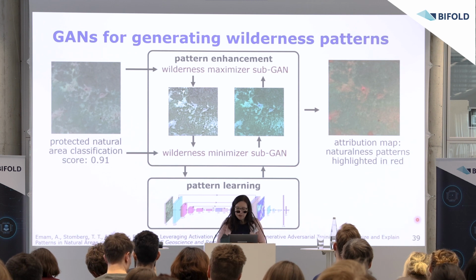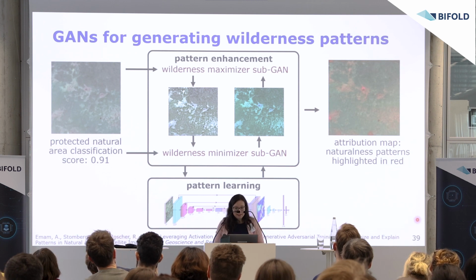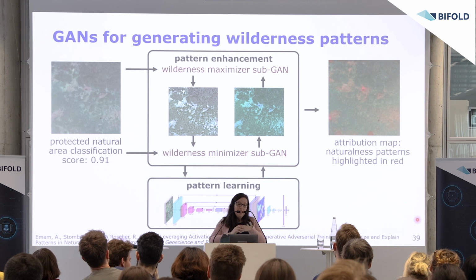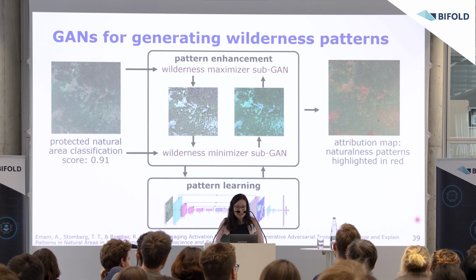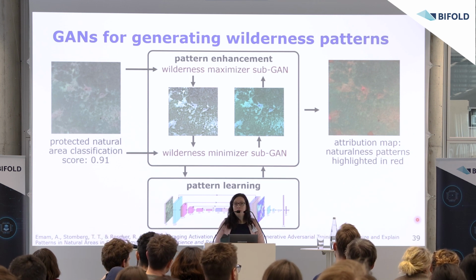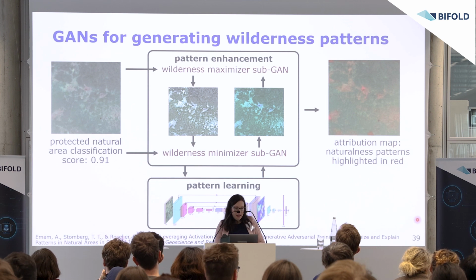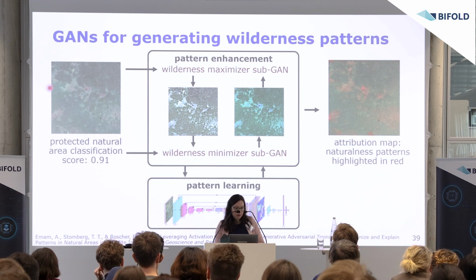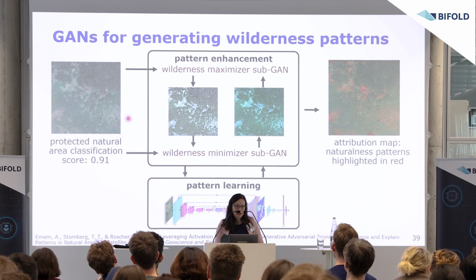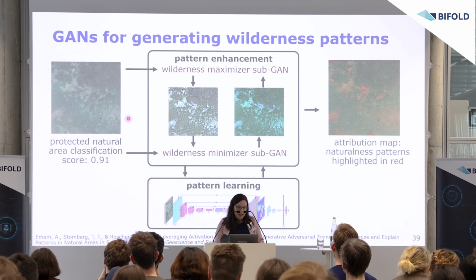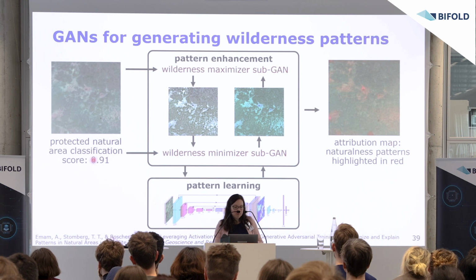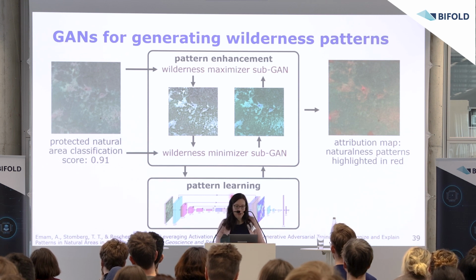Right, I have two slides left. One different approach I want to present here is that you can also use generative models to get attribution maps. So for example, you can use an image of a protected natural area, which is a proxy for wilderness, and you get a score, for example, of 0.9, from an arbitrary network.